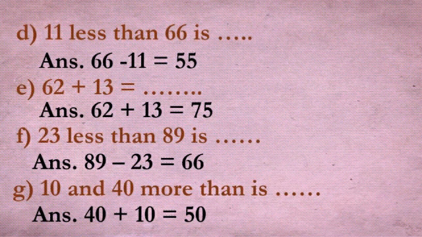If you subtract 23 from 89, you will get 66. And the last one is 10 and 40 more than. More indicates addition, so you have to add: 40 plus 10 equals 50.